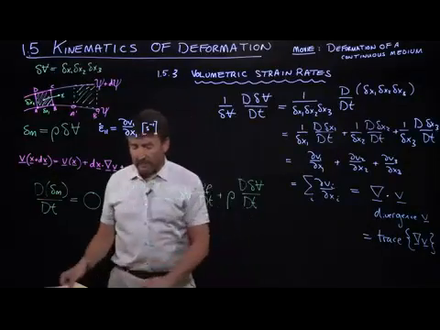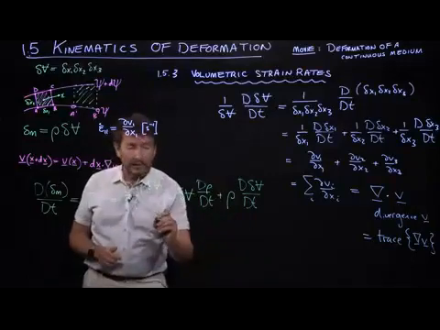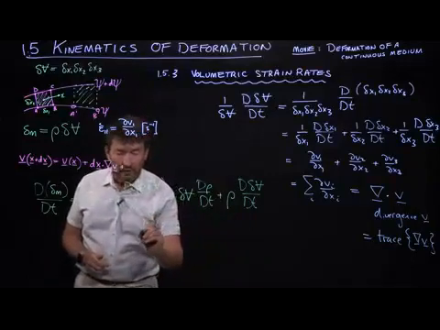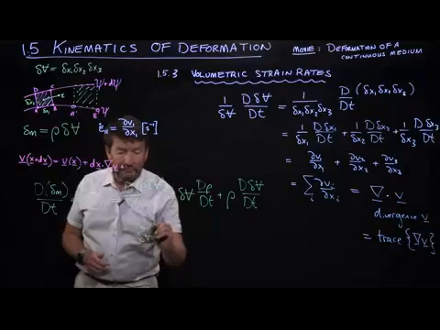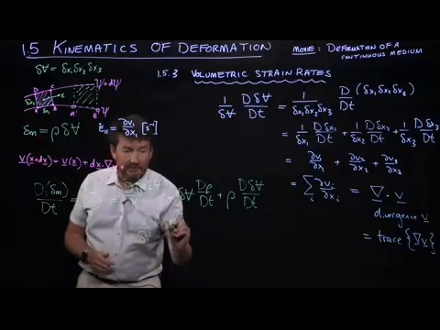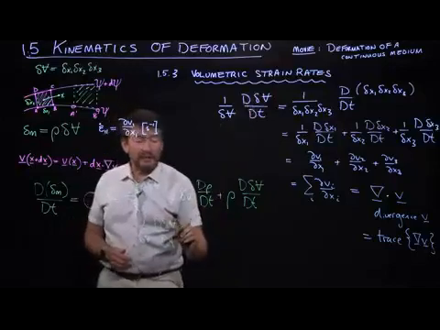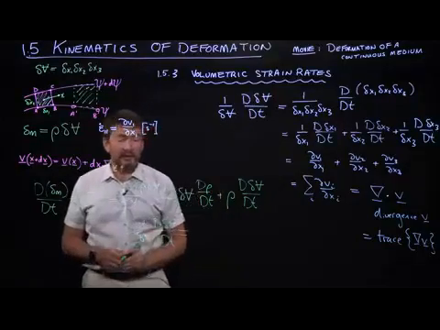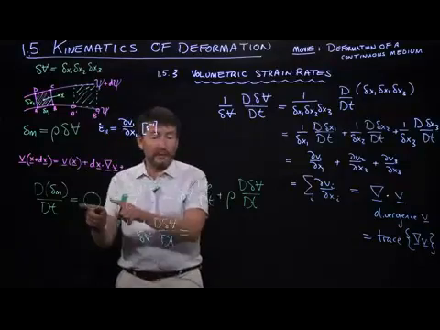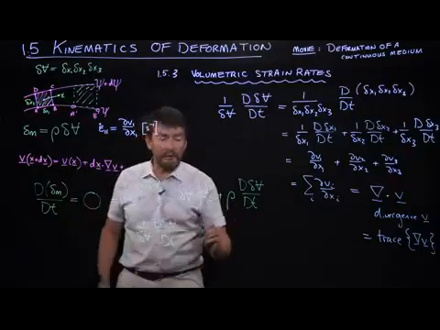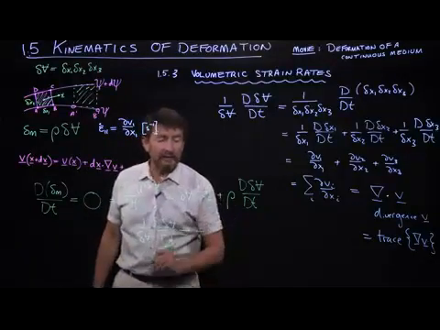So if I rearrange this, then I can easily write this as 1 over the volume times d del v by dt. So that's our rate of change of our material volume is equal to, if I bring one of these over the other side and divide it through, we're going to get a minus sign on this.